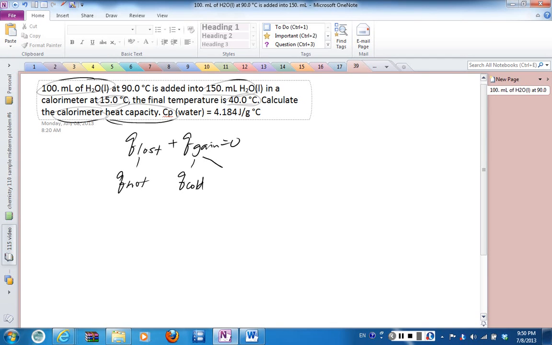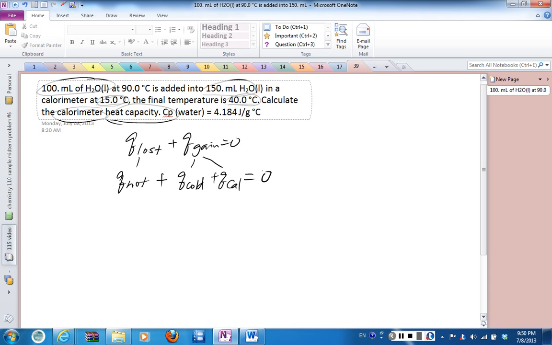We don't know, because we don't have the heat capacity, but it's definitely part of the Q gain. And that's all the objects in our system. So Q hot plus Q cold plus Q calorimeter should equal 0.